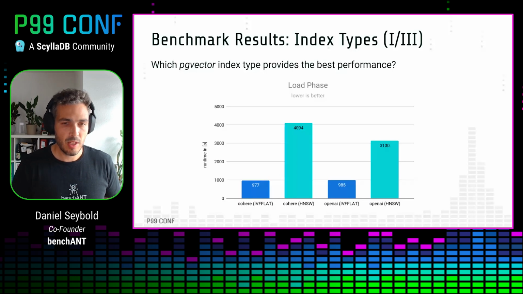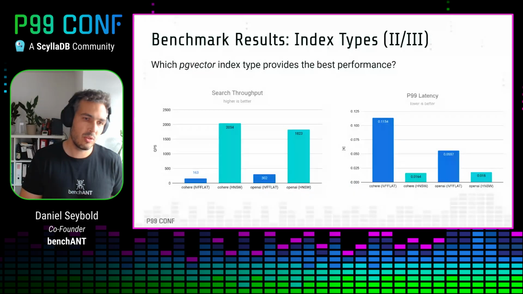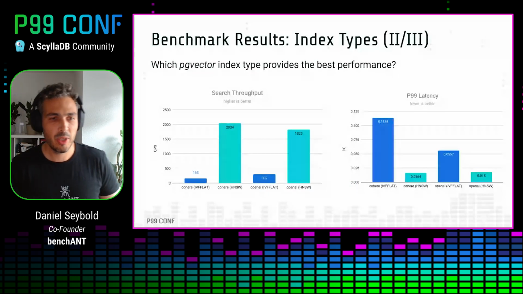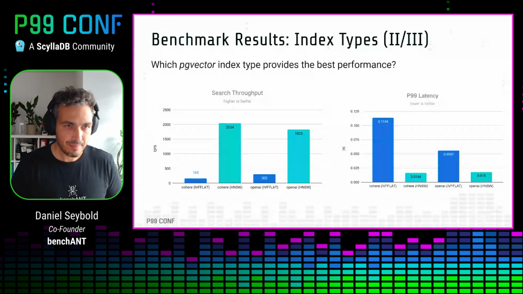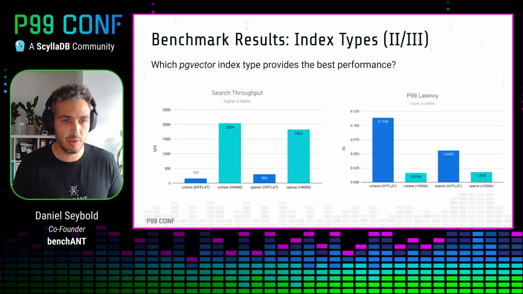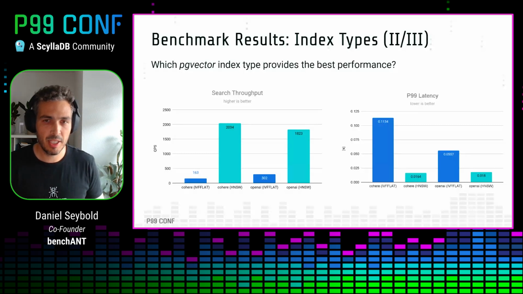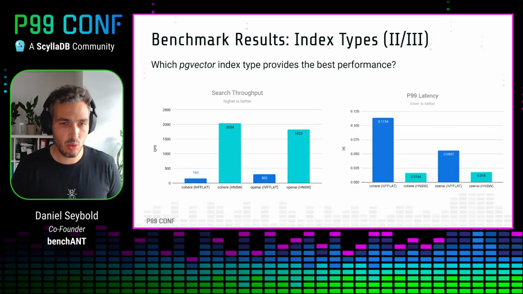So if we look now at the throughput that is achieved with the respective index types, we can see that here the search throughput is much higher for HNSW for both datasets. And also, not surprisingly, the P99 latency is much lower.